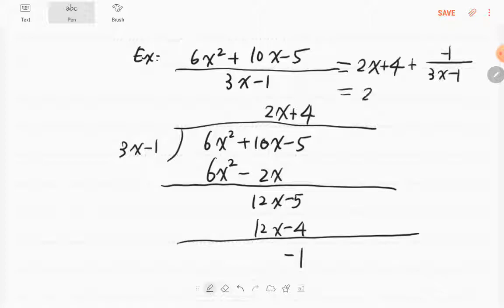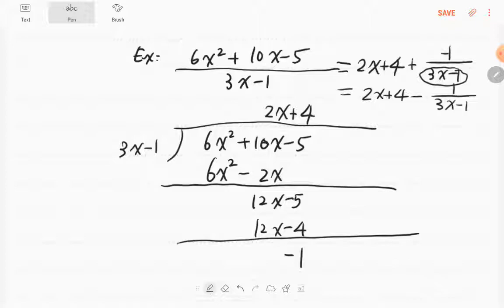Or you can write like this. Because here is negative sign, you can write it like this way. These two are equivalent, okay? So make sure you understand that the remainder is not just a value negative 1. You should put it into a fraction. Negative 1 over the divisor.